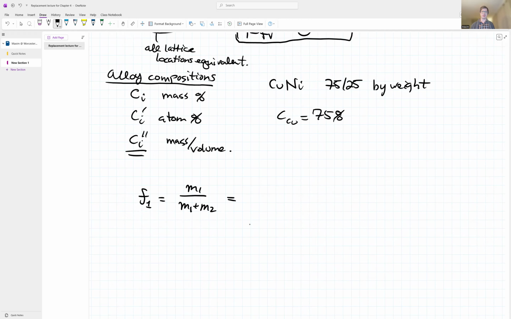Well, you need to convert the mass to a number of atoms. You do that by taking the mass and dividing by the atomic weight. So this is the atomic weight. And then for the other one, you have M1 over A1 plus M2 over A2.